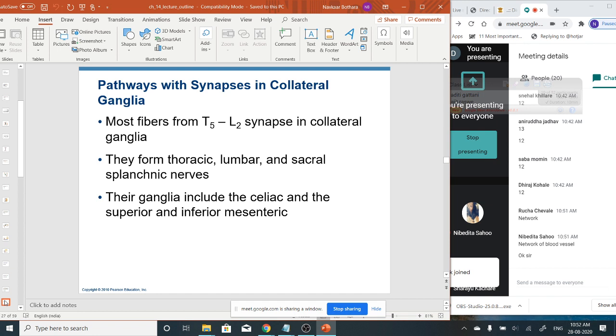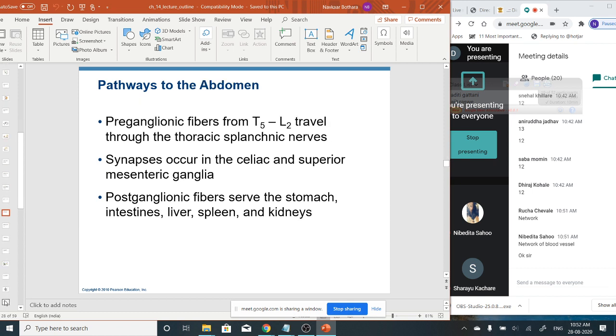Then most fibers from T5 to L2 synapse in collateral ganglia, and form the thoracic, lumbar and sacral splanchnic nerves. Their ganglia include the celiac and the superior and inferior mesenteric ganglia. Then there are pathways to the abdomen. All these pathways are actually physiology.